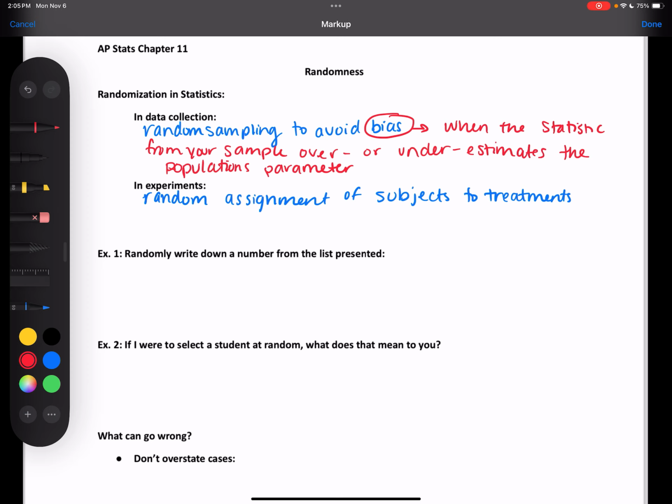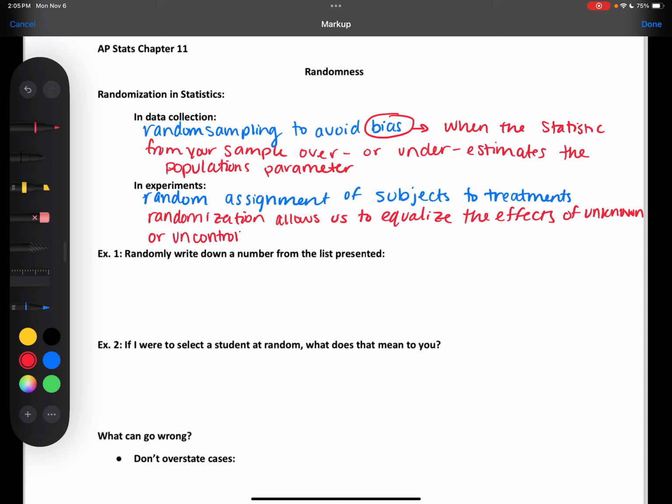And so basically randomization allows us to equalize the effects of unknown or uncontrollable sources of variation among treatment groups.